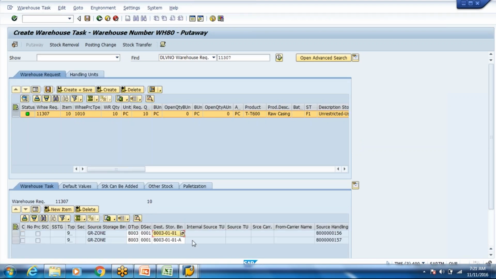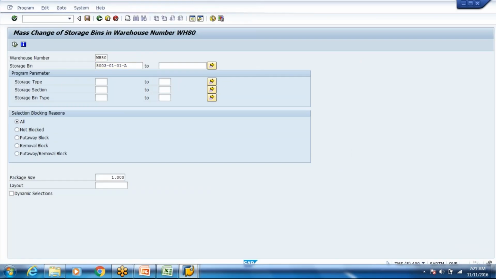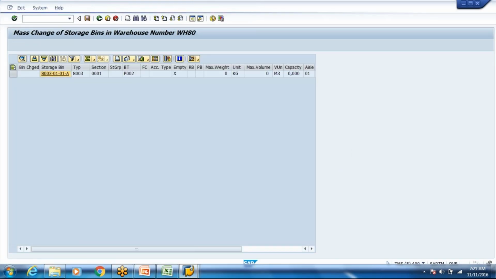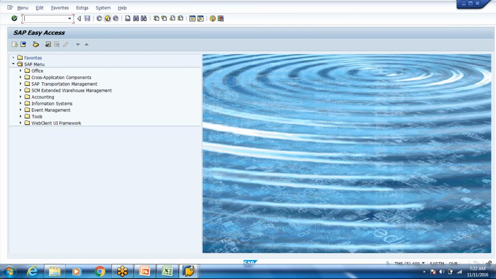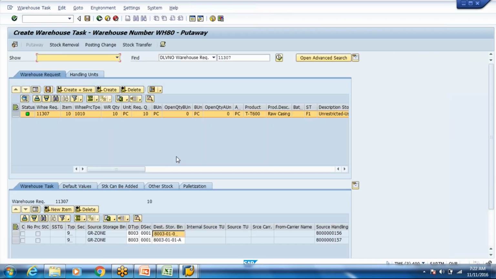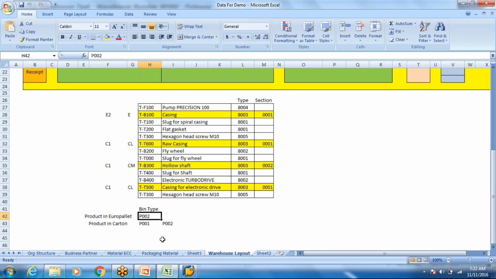You can see now it's going to A level, which is the lower level bins. And if you look at this bin, it's a P002, height 2 meters. So this is a test of what we maintained yesterday for Euro pallet. We could test it for carton, but we couldn't test it for Euro pallet yesterday. Okay.